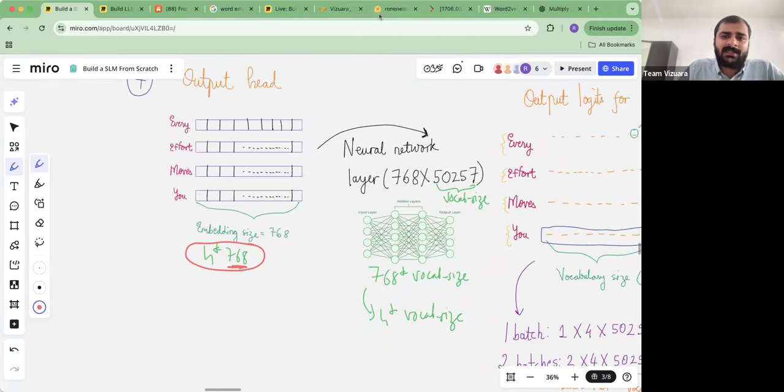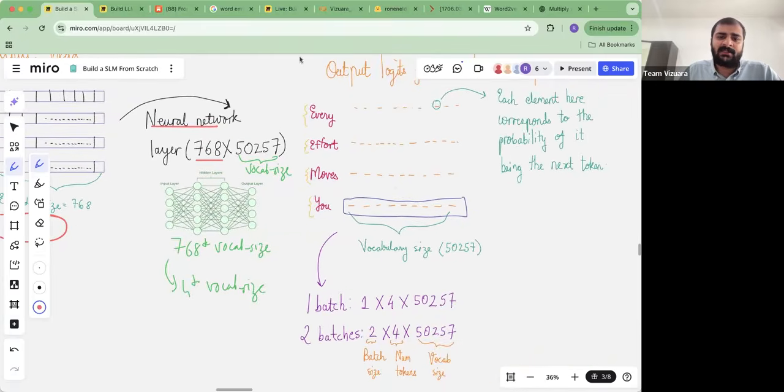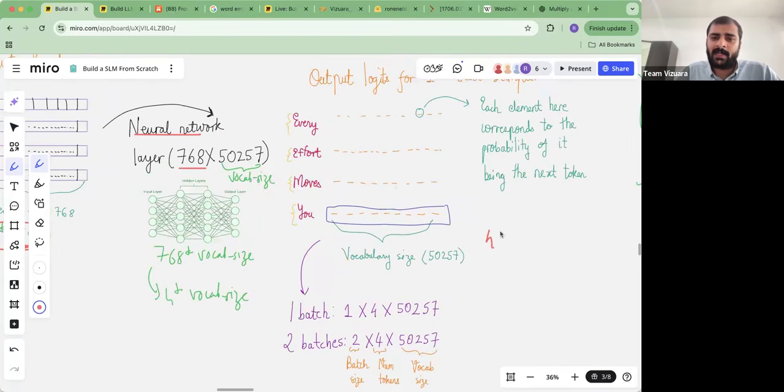So what I do at this stage is that I multiply this matrix, which is 4 multiplied by 768, with the neural network layer, whose size is equal to embedding dimension multiplied with the vocabulary size. And that gives me a matrix such as this, whose size is equal to 4 multiplied by 50257.